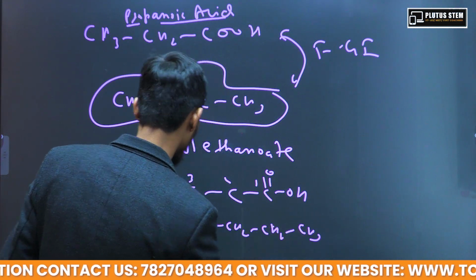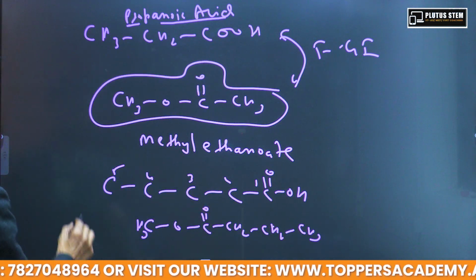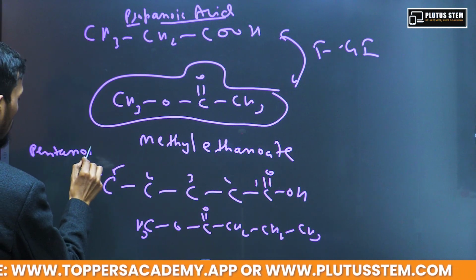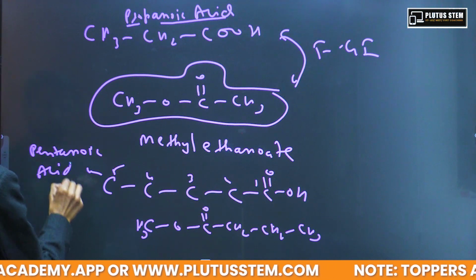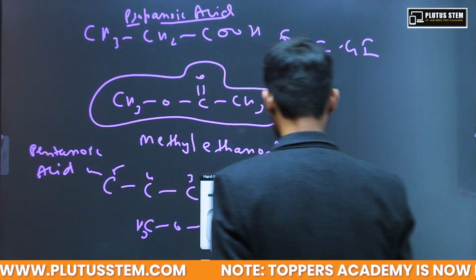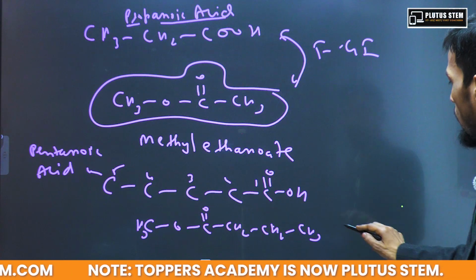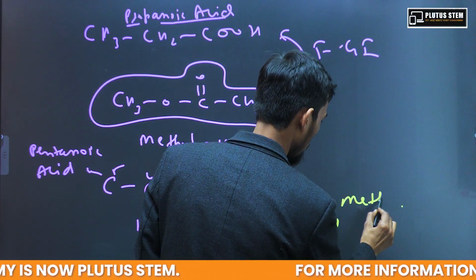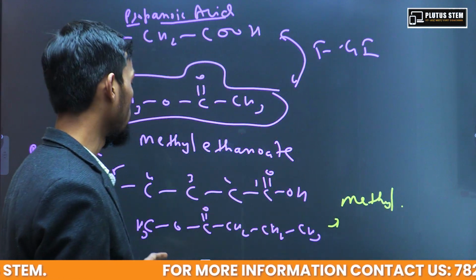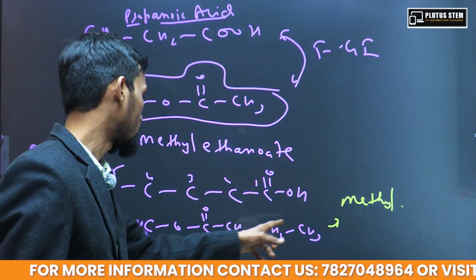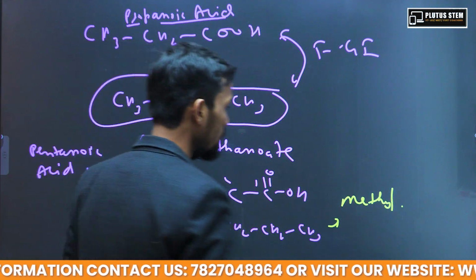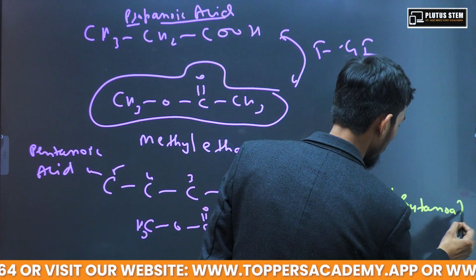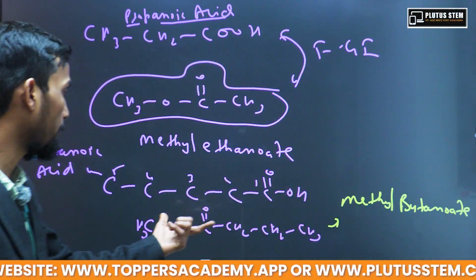So this will be pentanoic acid, and this one is going to be methyl butanoate. So can we draw some other possibility of this?